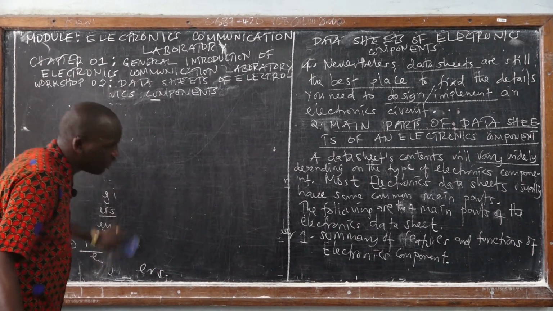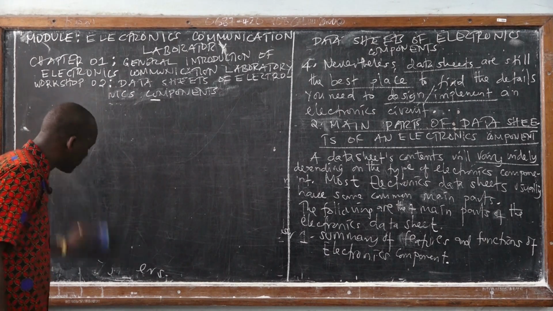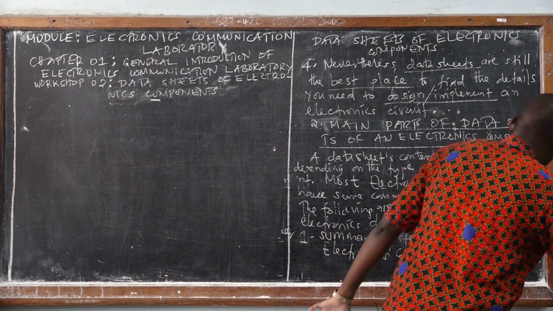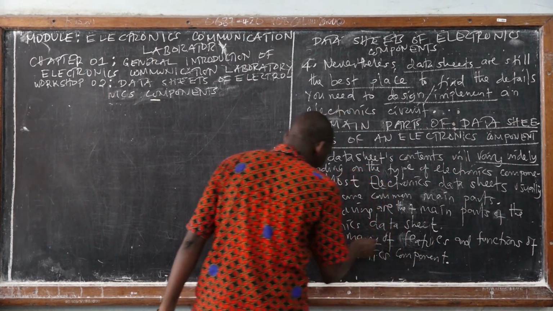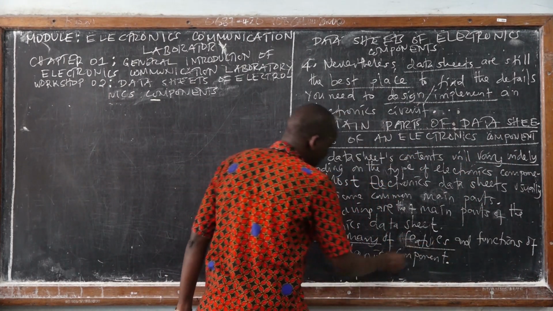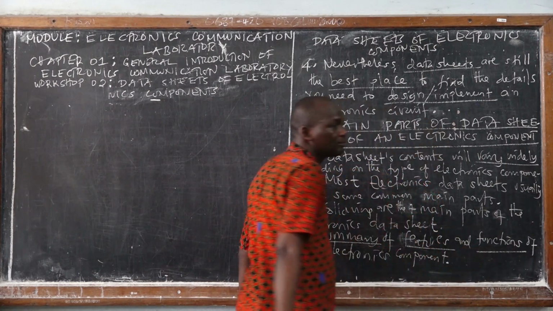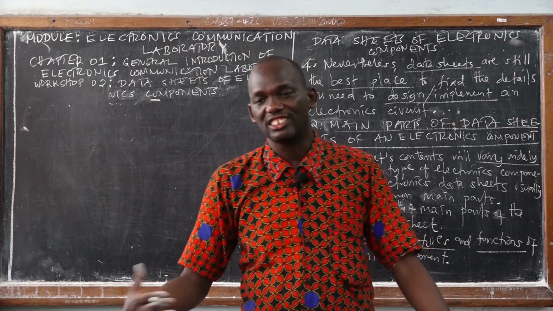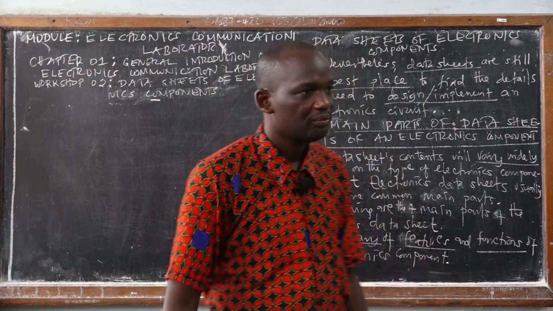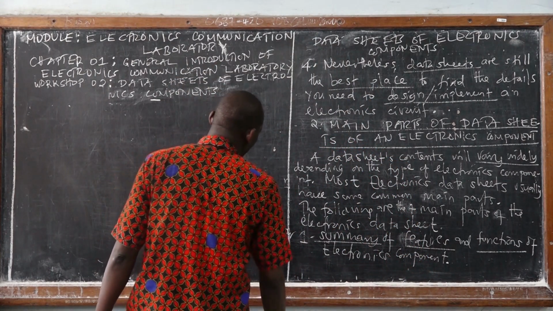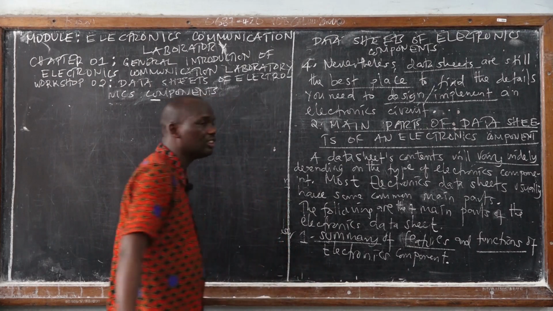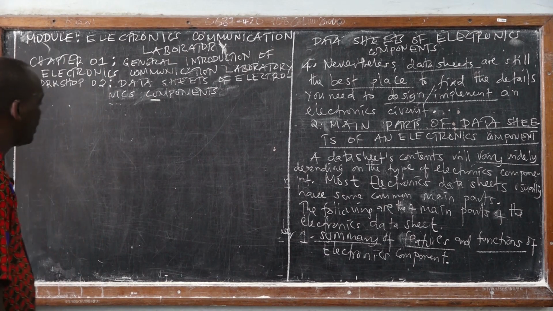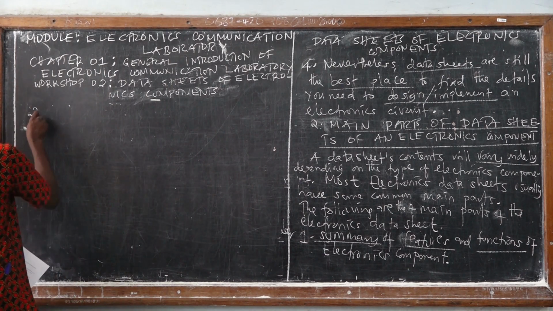So the first main part that you have to learn is the summary of features. Features, the other word for features is characteristics. So we say the summary of features and functions of electronics component. That's the first main part. The second main part, let me mention all the seven.